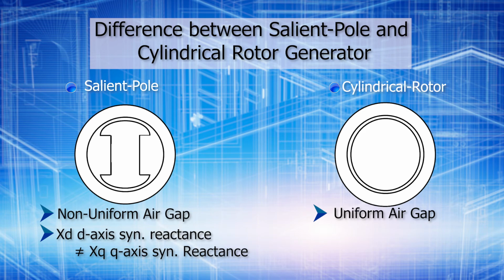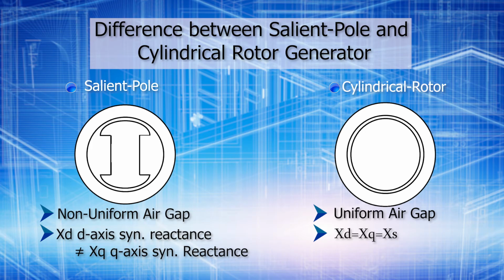XD is the D-axis synchronous reactance and XQ is the Q-axis synchronous reactance. In case of salient pole, XD is not equal to XQ, whereas in case of cylindrical rotor, since we are having the uniform air gap, XD is equal to XQ is equal to synchronous reactance, XS.